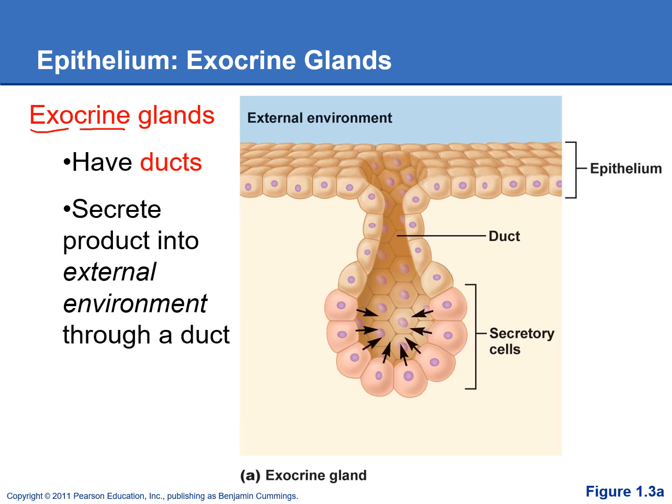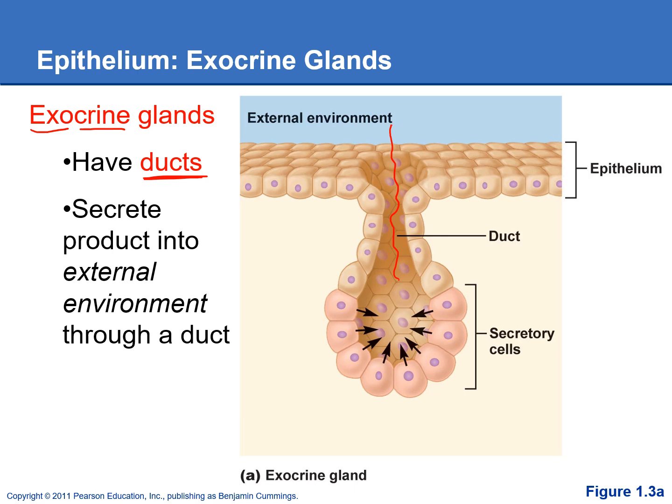So exocrine glands, you recognize those because they have a duct. And they're going to secrete whatever it is they're making through this duct out into the external environment. And we'll talk about where the external environment is because sometimes it actually is inside your body. So we'll talk about that in the next video.